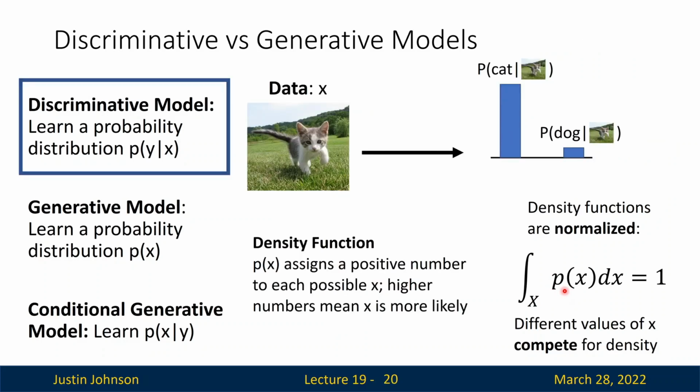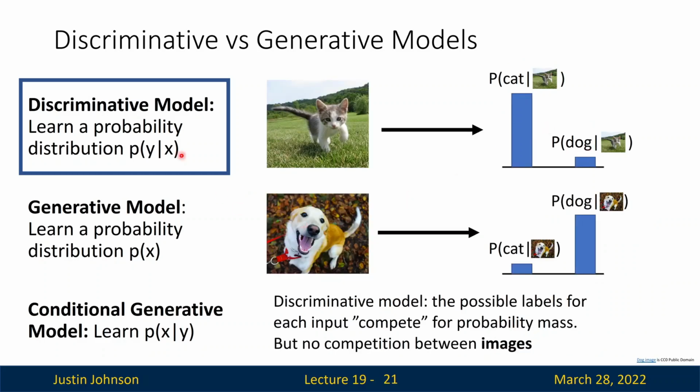For our discriminative models, given an image X, we want to predict whether the image belongs to a cat or to a dog. Given another image, we want our discriminative model to do the same thing, but based on the content of the image, we want our model to tell us that the probability of the image being a dog should be higher, or the probability of it being a cat should be higher in this case.